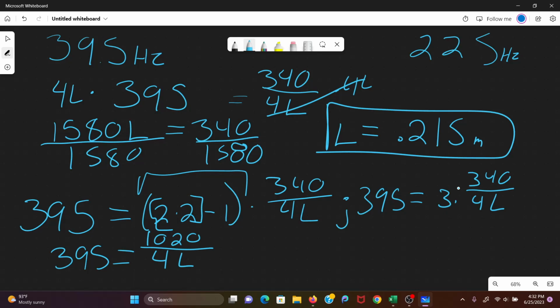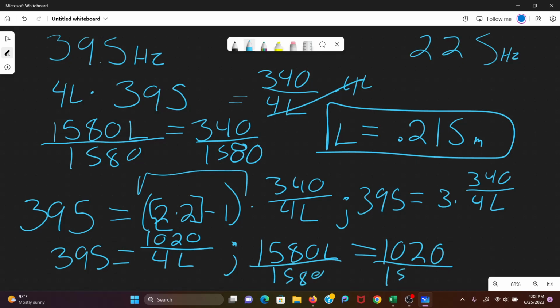Multiply both sides by 4L, which gives you 1580L equals 1020. Then you're going to divide both sides by 1580, which equals 1020 divided by 1580 is 0.646. And there's the answer to the second part.